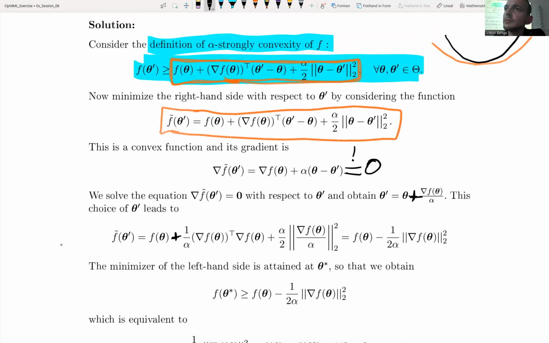Which part are you looking at? I'm a bit lost in the equations. Which part? Yeah, so this theta prime, this here is this minus or plus? Yeah, this should be a plus. Should be actually a plus, but then this is not from the equation right above, right? Yeah, I mean, it's obvious that if you have it in this way, then the minimizer is that one.